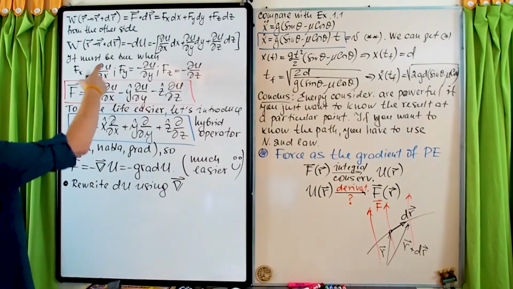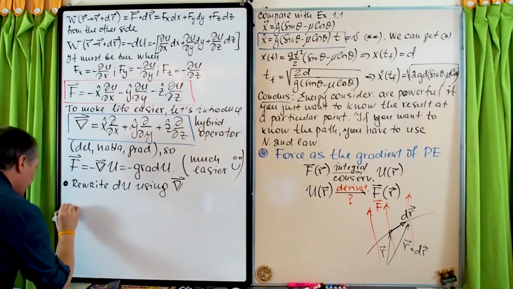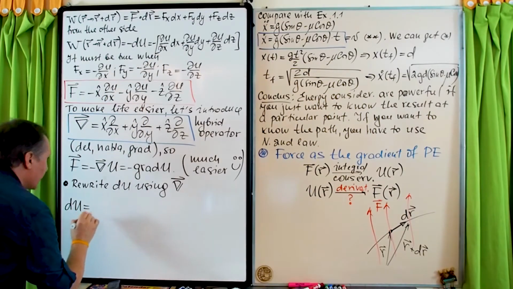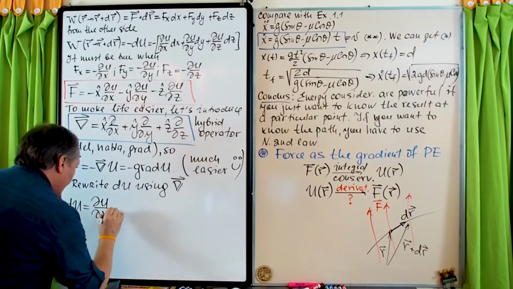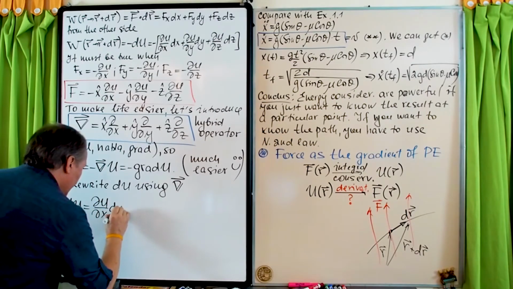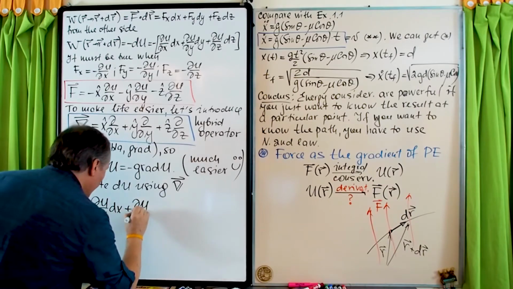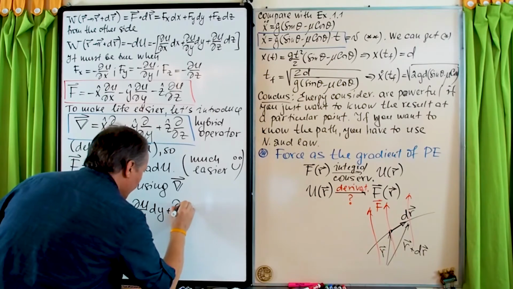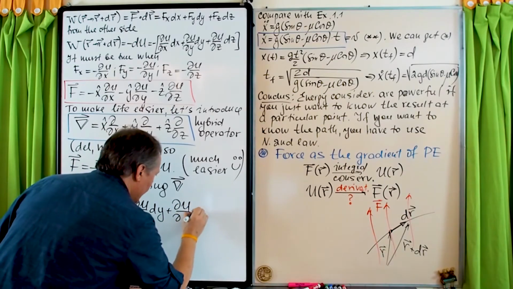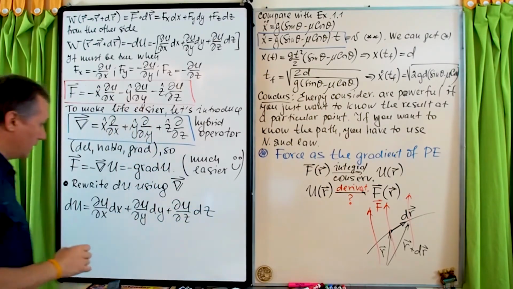So dU is here: the partial derivative of U with respect to x, dx, plus the partial derivative of U with respect to y, dy, plus the partial derivative of U with respect to z, dz.